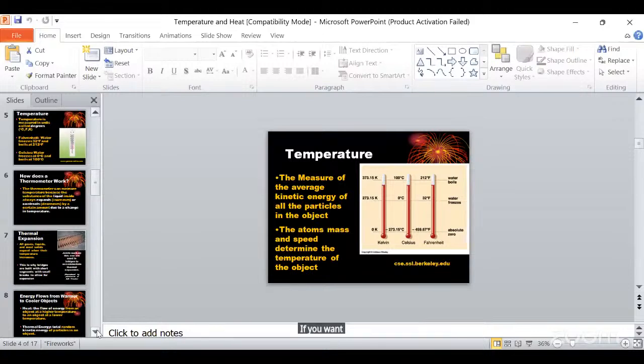To do it in degrees Fahrenheit, we can do it directly by saying the upper fixed point is 212, and the lower fixed point is 32 degrees Fahrenheit.